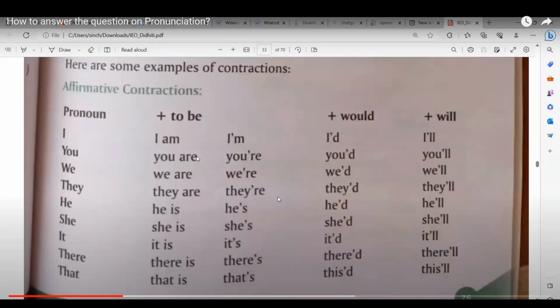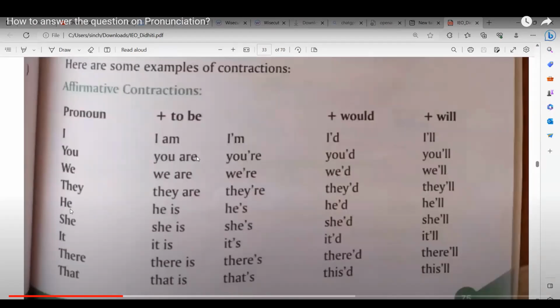Yes, ma'am. Can you tell me this one, he? Yes, ma'am. He is, then he apostrophe S. Then he would, then he will. Very good.